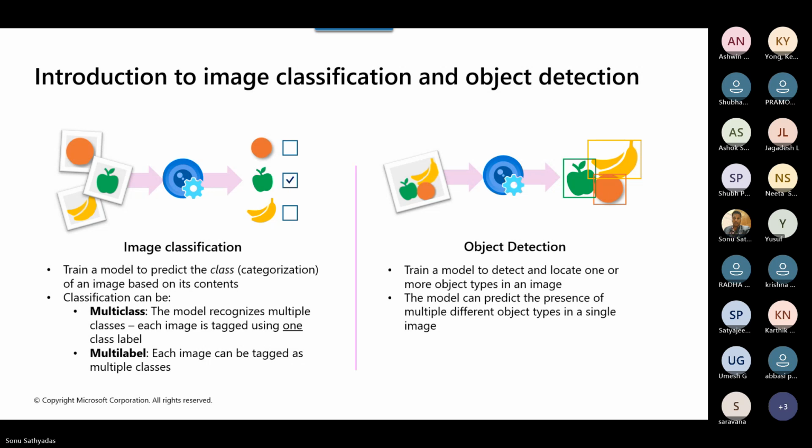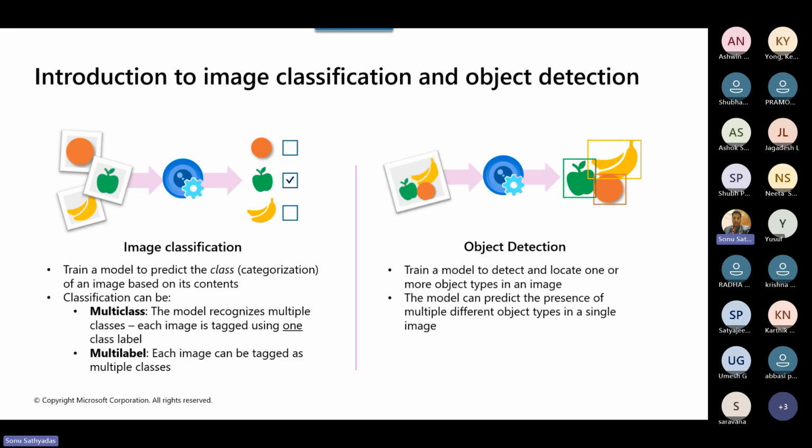Okay. So we have to train the model to use this image classification feature because the built-in vision service, computer vision, does not have this classification capability. So for that, we need to use the custom vision feature.